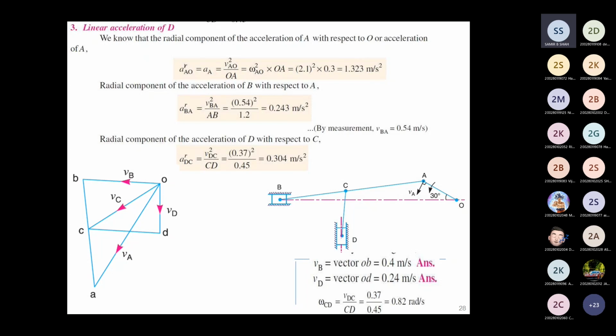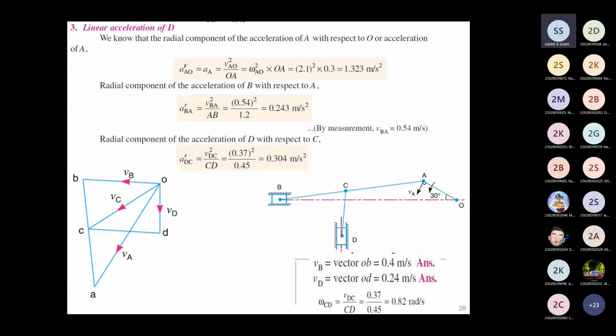Now, based on that, you may select the scale. You know that the dimension is somewhat less. So, if possible, you may take a scale which is relevant to your page.